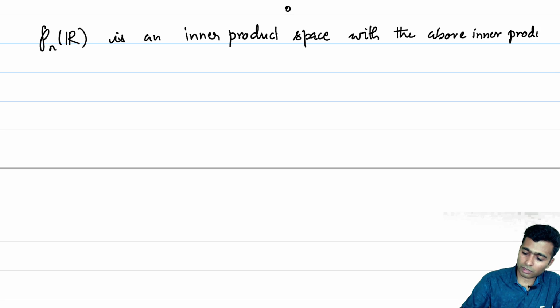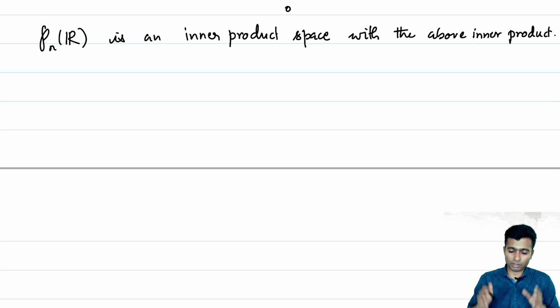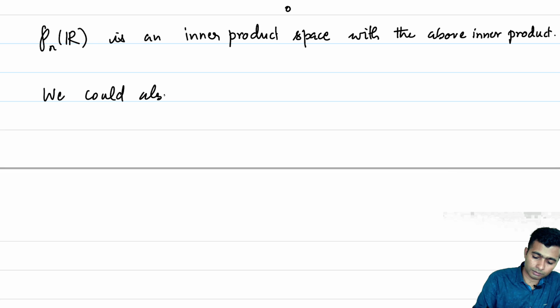But then if you could consider it as a continuous function from 0, 1 to R, you could also consider it, not because of that, it is also a continuous function from minus 1 comma 1 to R, right? So we could also define the inner product of P of x comma Q of x.